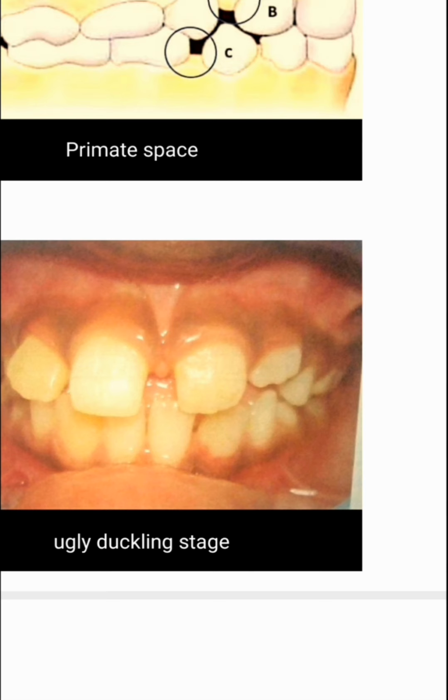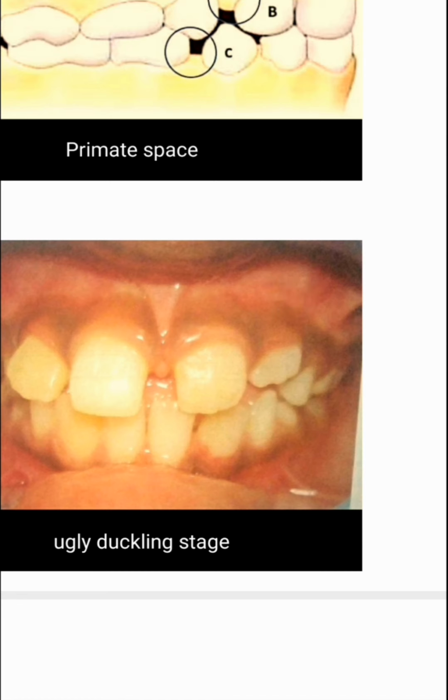Ugly duckling stage. It is a self-correcting malocclusion that is seen in the maxillary incisor region between 8 to 9 years of age. This is a particular situation that is seen during the eruption of permanent canines.